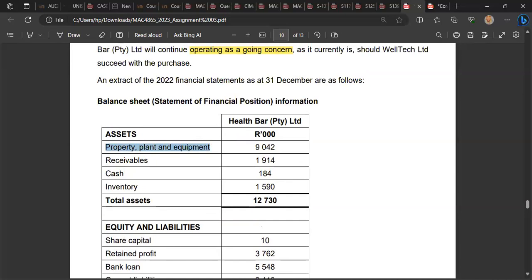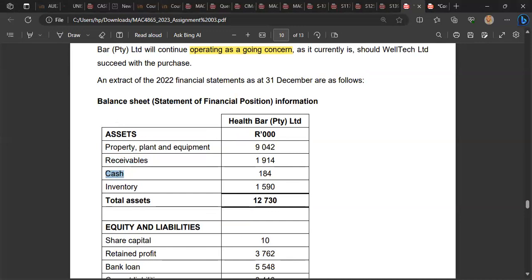I'm just copying it and pasting it that side, and then we'll put up the values. I'm merely copying all the assets and then the liabilities.